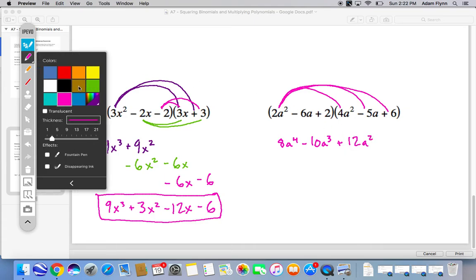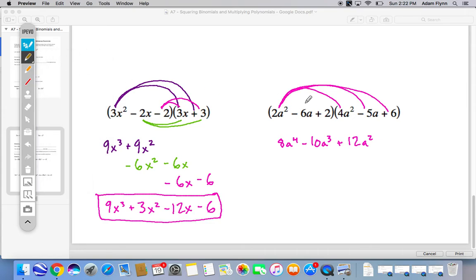So I'll change colors here. Nice brown color. So I have negative 6a, which is being multiplied by every term in my other polynomial. So I have negative 6a times 4a squared. So I know that is negative 24a cubed.